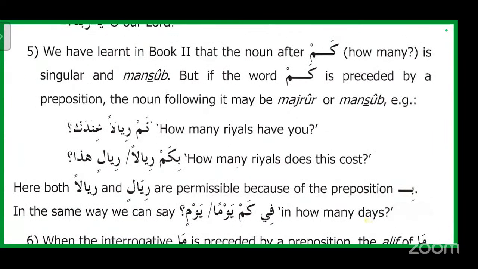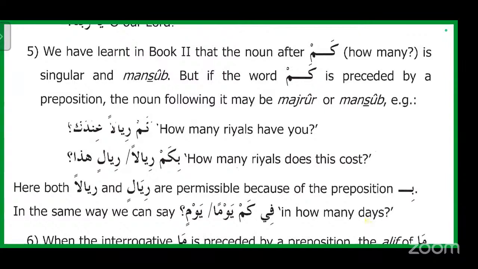Point number 5. We have learned in book 2 that the noun after the word kam, how many, is singular and mansoob. But if the word kam is preceded by a preposition, the noun following it may be majroor or mansoob. For example, kam riyalan indaka. How many riyals do you have?